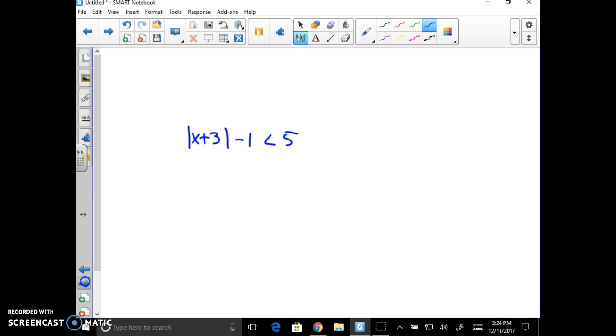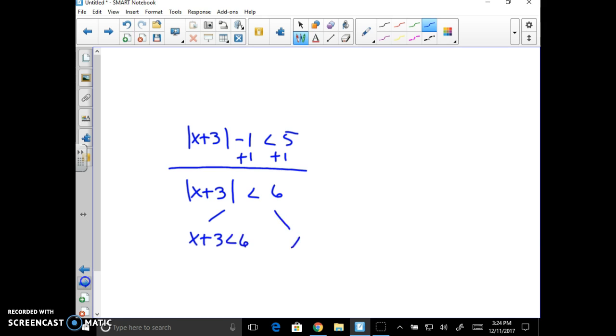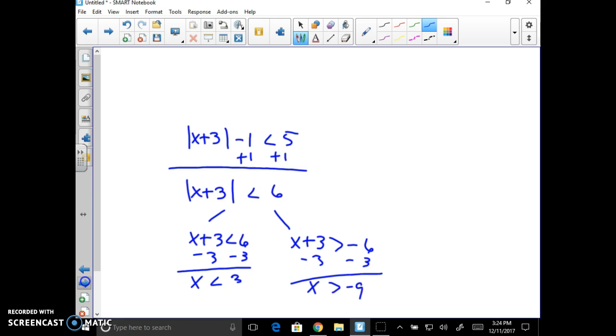So we're going to add 1 first, and then we get the absolute value of x plus 3 is less than 6. Okay, this is all by itself, so we can make our two cases. Less than 6, and the other one, x plus 3 greater than negative 6. Solve. X less than 3, and then subtract 3, and x is greater than negative 9.